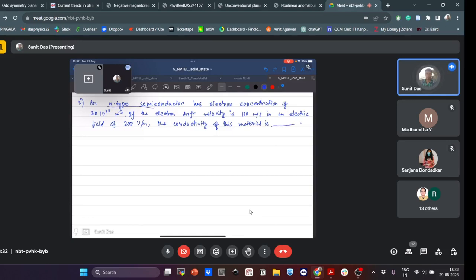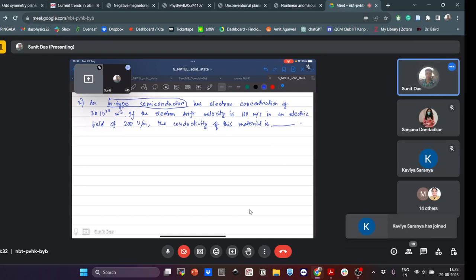You don't need to know about this material, at least for solving this problem. It has electron concentration 3 into 10 to the power 20 per meter cube.